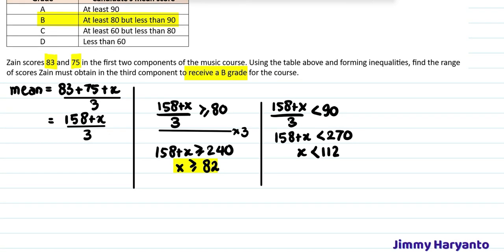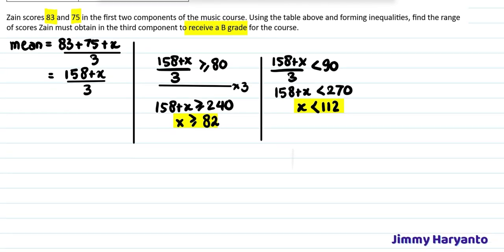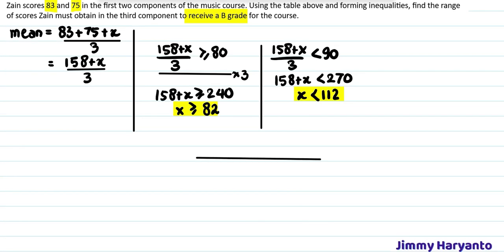Okay, and then after this I have to combine them all together because grade B is between 80 and 90. So I have to combine them using the number line. The number line has 82 on the left hand side, and then this one is 112. For the 82 we have a colored dot, and it says greater than.